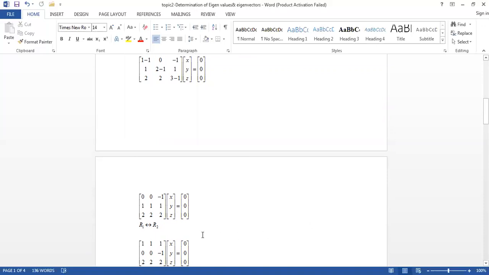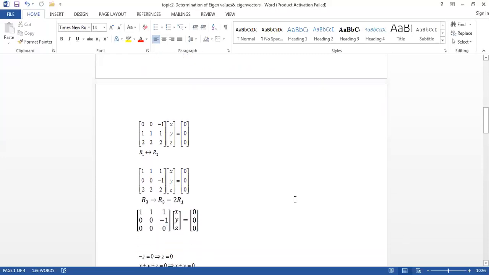For that, convert the coefficient matrix to echelon form. Apply the row operations R1 to R2 and R2 to R1. This gives [1, 1, 1; 0, 0, -1; 2, 2, 2]. In the second row we have 2 zeros.